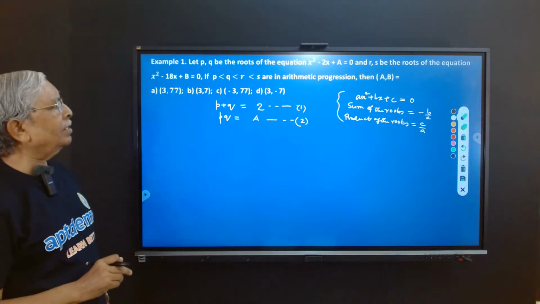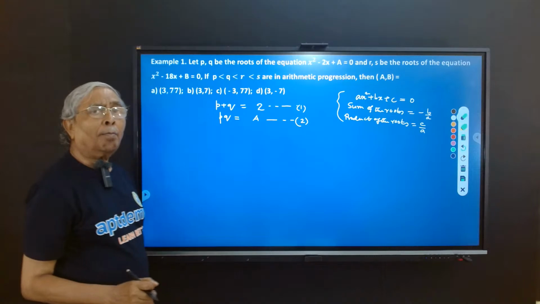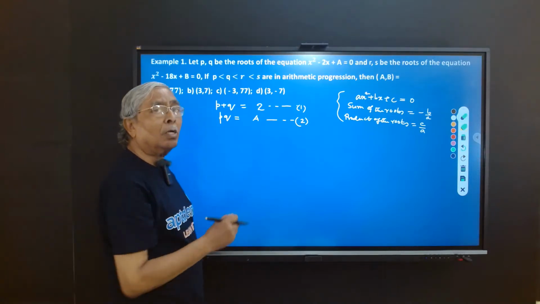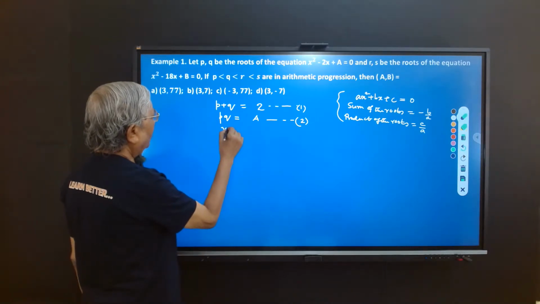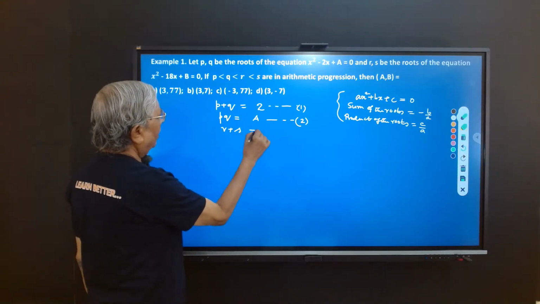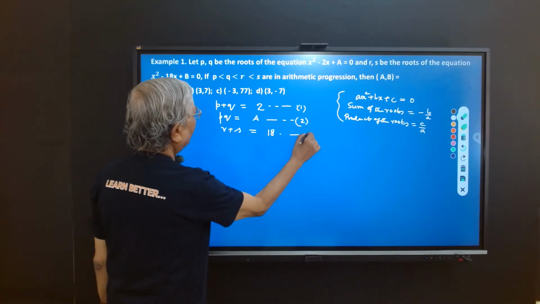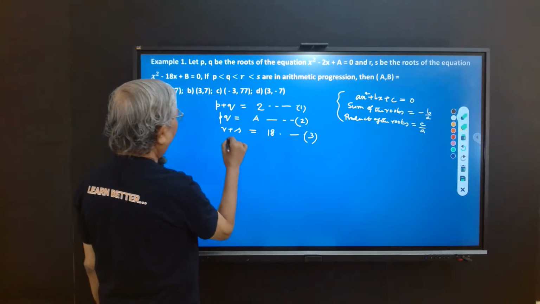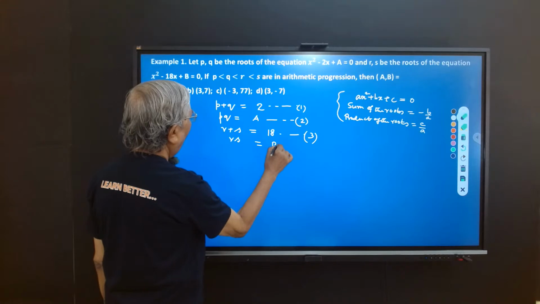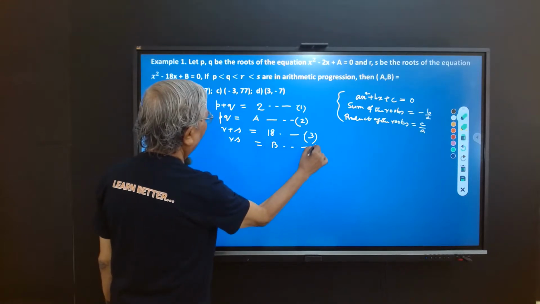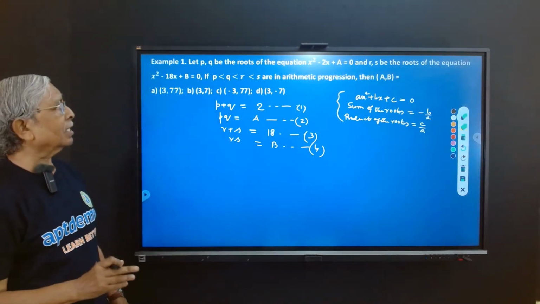Again you are given that r and s are the roots of x squared minus 18x plus b equals 0. So at once you can write r plus s equals 18. This is equation number 3 and rs is equal to b, equation number 4.